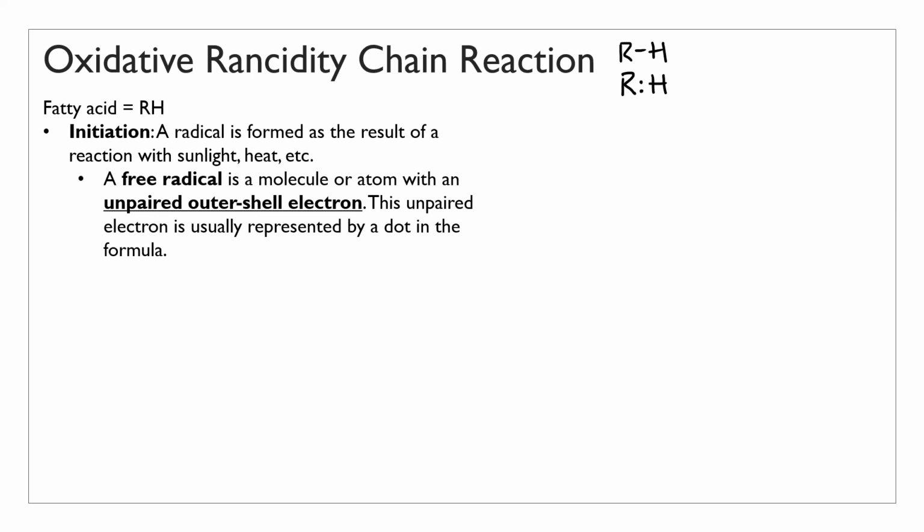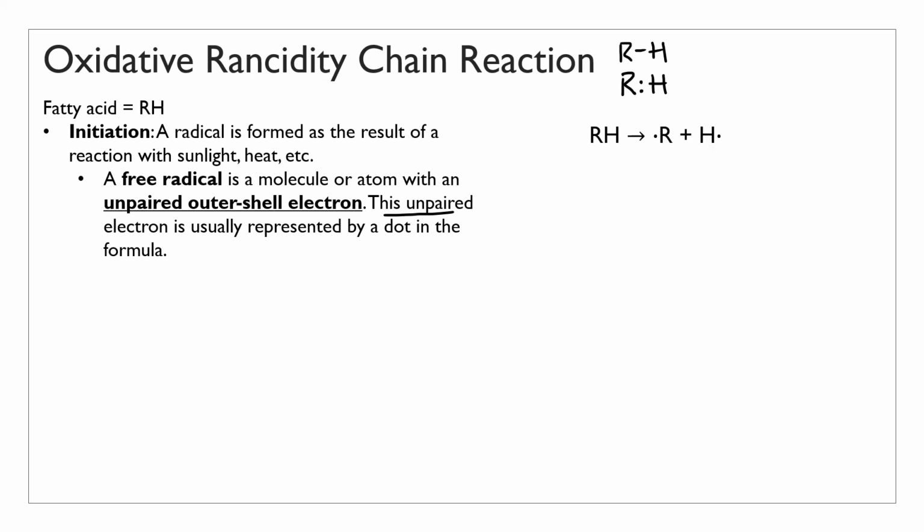So a free radical is a molecule or atom with an unpaired outer shell electron. Even though I haven't really defined it, you actually have seen free radicals when we looked at mass spectrometry. So the fragments that you get, well, the one that's non-positively charged, essentially could be a free radical. This unpaired electron is usually represented by a dot in the formula.